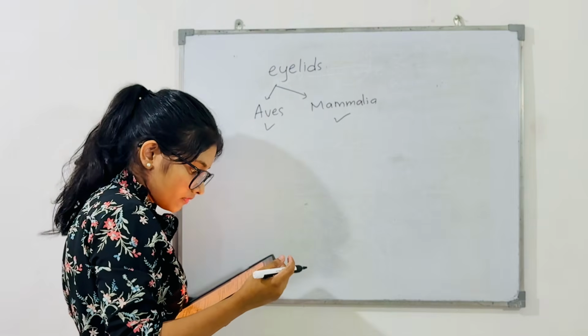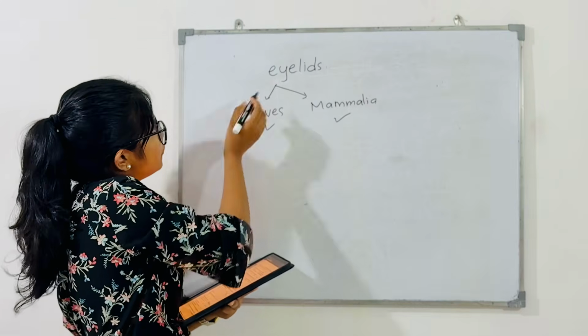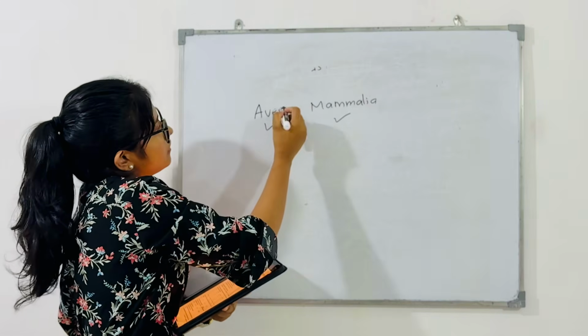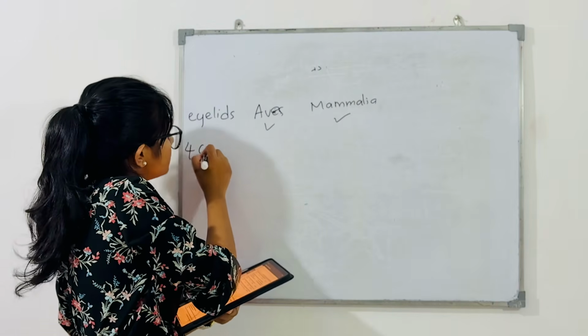So, what about 4-chambered heart? Eyelids. 4-chambered heart.